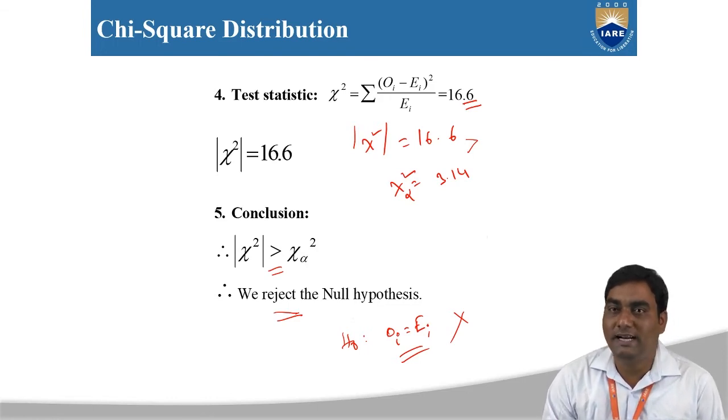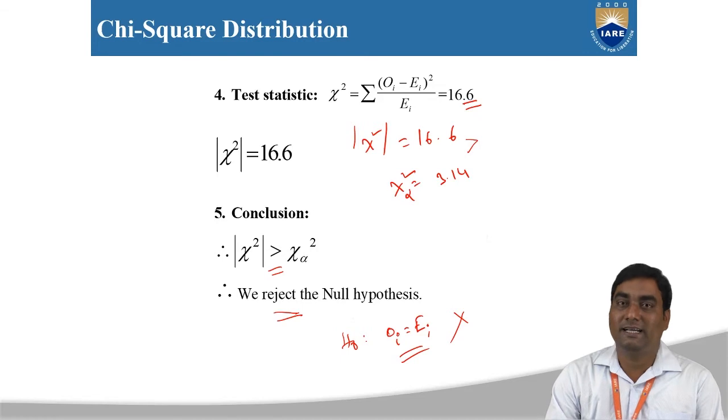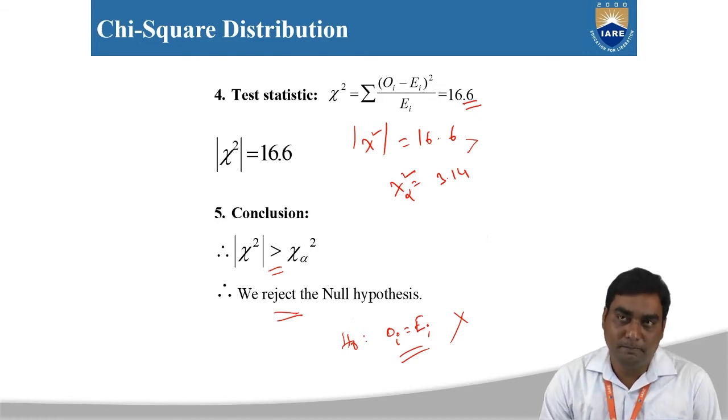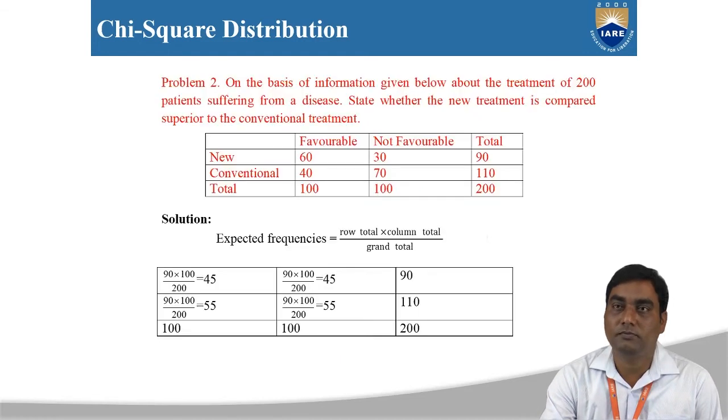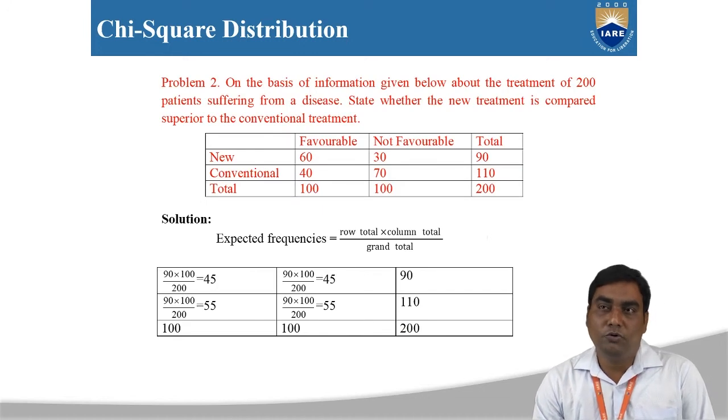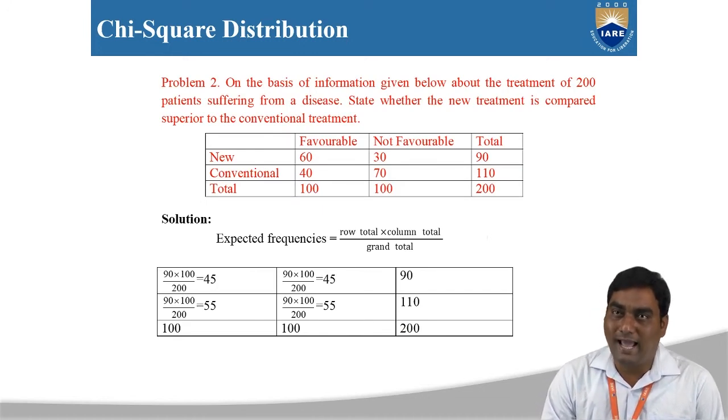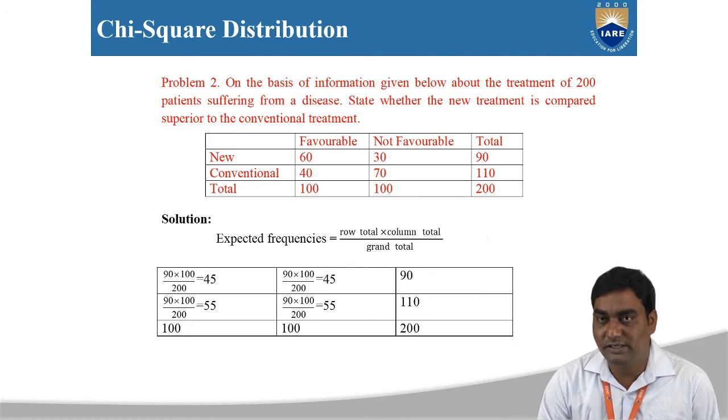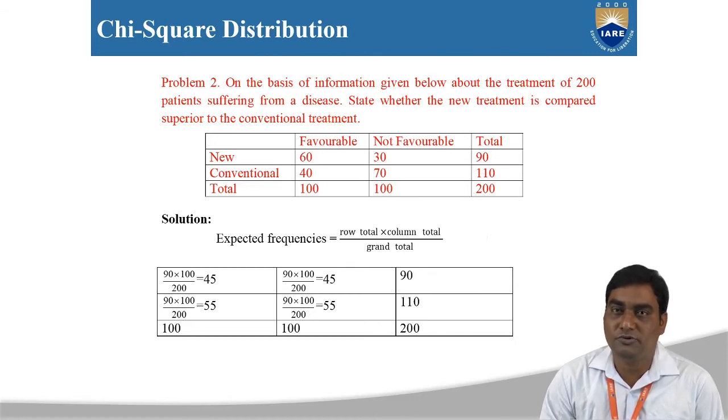That is the only difference in method 3 compared to method 1 and method 2. Now, before going to problem 2, we have completed all the 3 methods. These 3 methods are used only to find the expected frequency. All the remaining procedures are the same in all 3 methods.